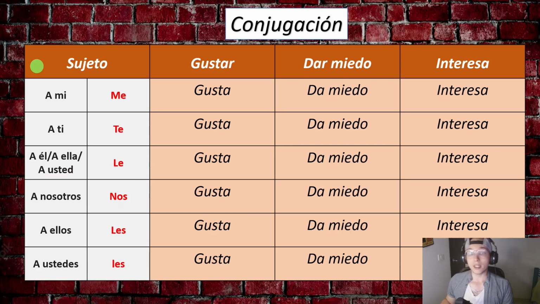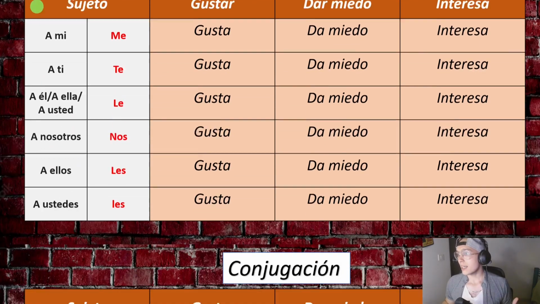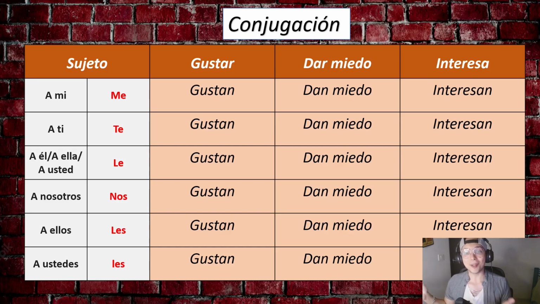Now, if the object that we like or we are interested in or we're scared of is plural, it's as simple as putting the verb in plural, okay? We just add the N at the end. And that's it. So imagine I say, I like festivals. I say, a mí me gustan los festivales.